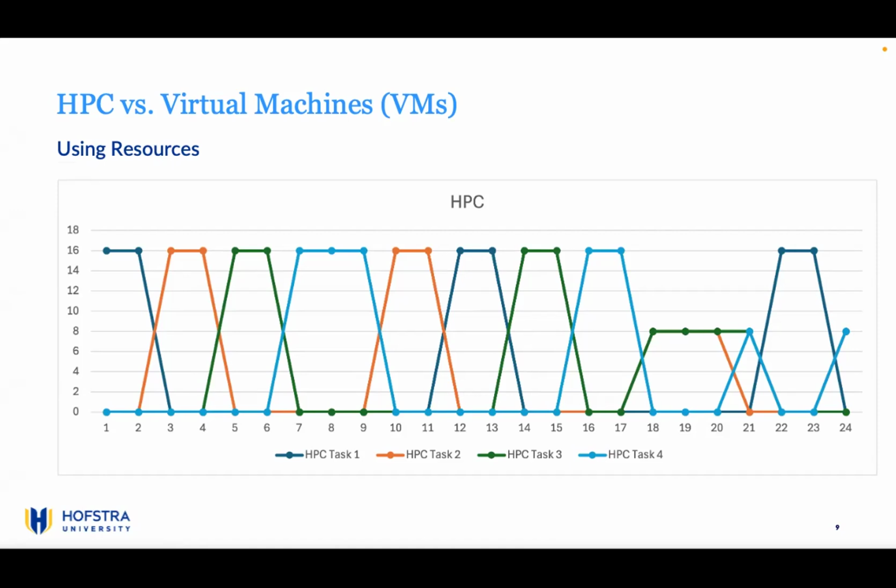For the first period of time, all resources are used by the first task. After that, the first task finished and the next task uses all resources. But it's not necessarily using all resources. For example, at the end of the graph, we can see 2 tasks which are used to have all resources of the cluster.